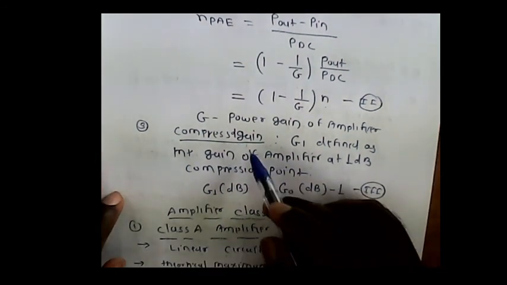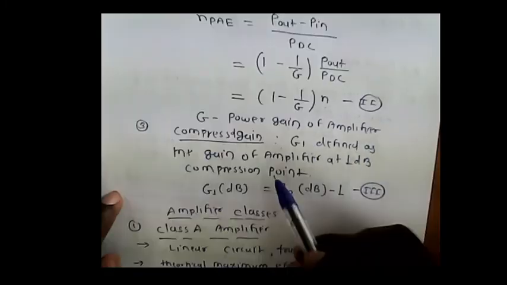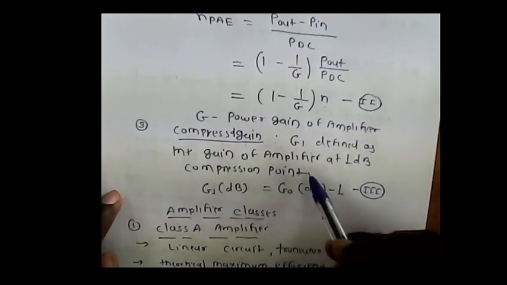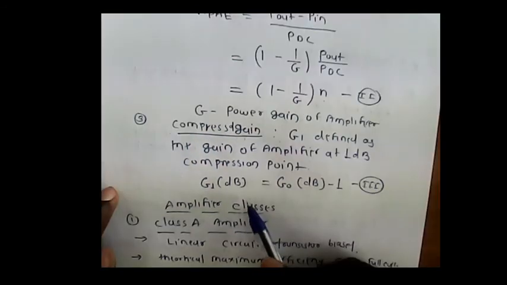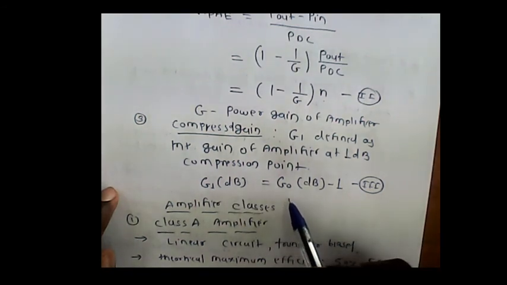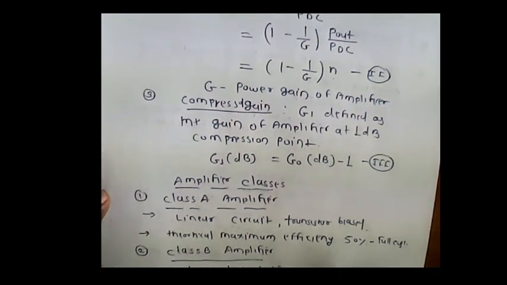Then the compressed gain G1 is defined as the gain of the power amplifier at the 1 dB compression point. So compressed gain G1 in dB is G0 dB minus 1. This is about the characteristics.